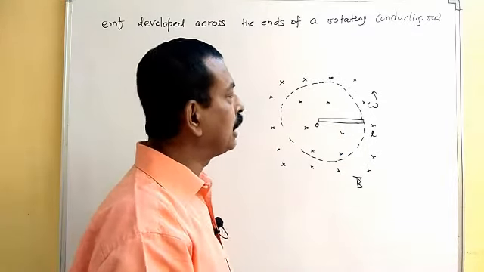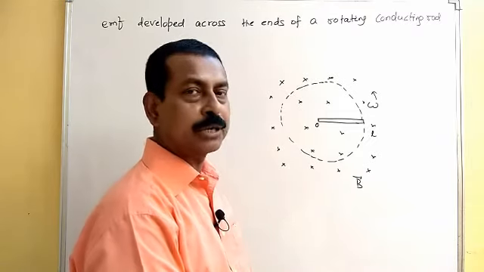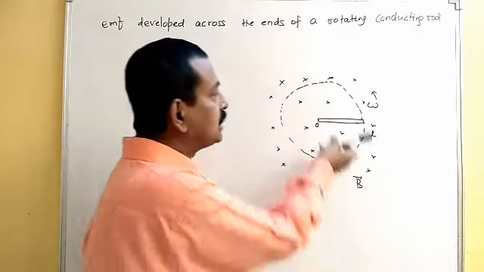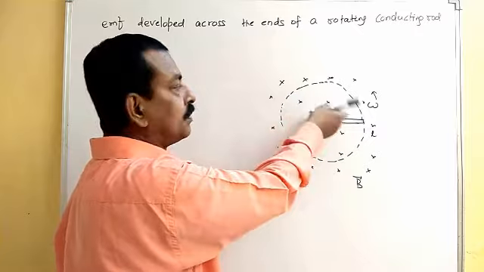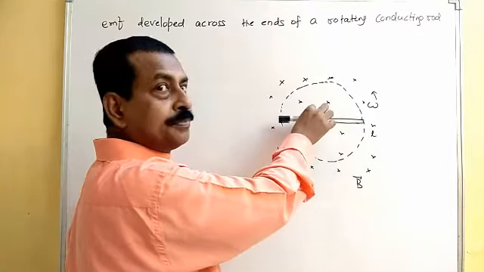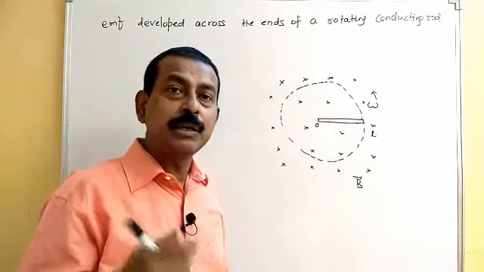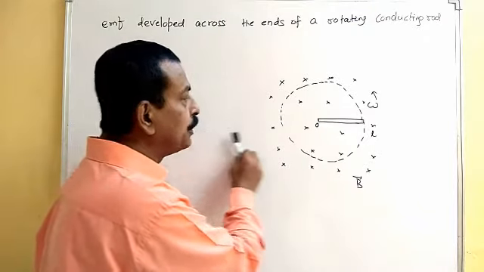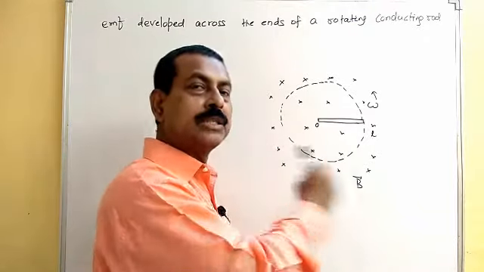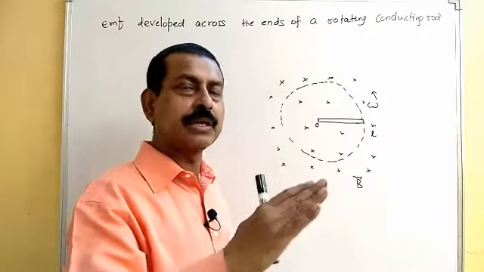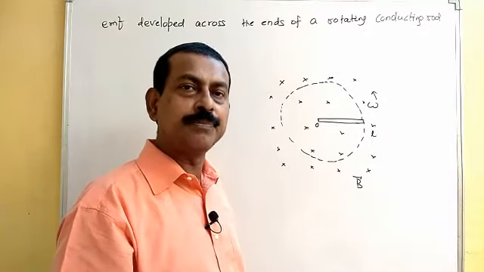If you have to find the EMF developed across the ends of this rod, you can see it is rotating with one end fixed. In the earlier case, the rod was moving along its entire length, crossing the region of the magnetic field.